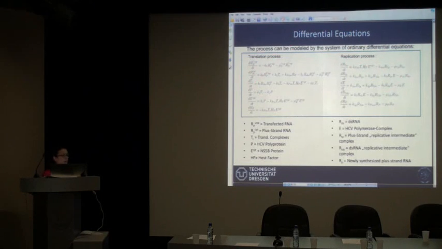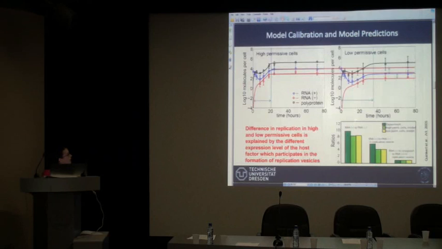However, already for only the translation and replication process, we have 11 ODEs and 15 parameters, so it's quite a complex model already. Here you can see some results, where we used our model to find parameters for highly permissive and low permissive cells.